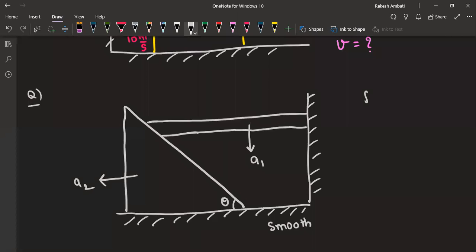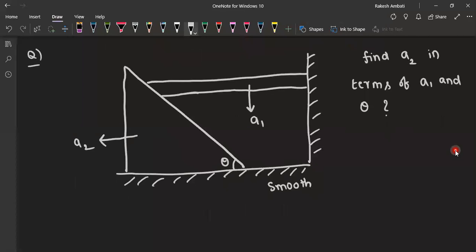The question is: find a2 in terms of a1 and theta.